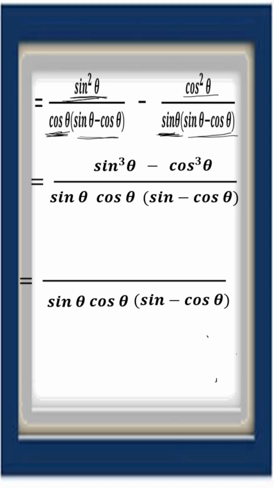Let us change the numerator according to the formula: a cube minus b cube is equal to a minus b into a square plus b square plus ab. Here a is sin theta, b is cos theta. So now we have sin theta minus cos theta into sin square theta plus cos square theta plus sin theta cos theta.